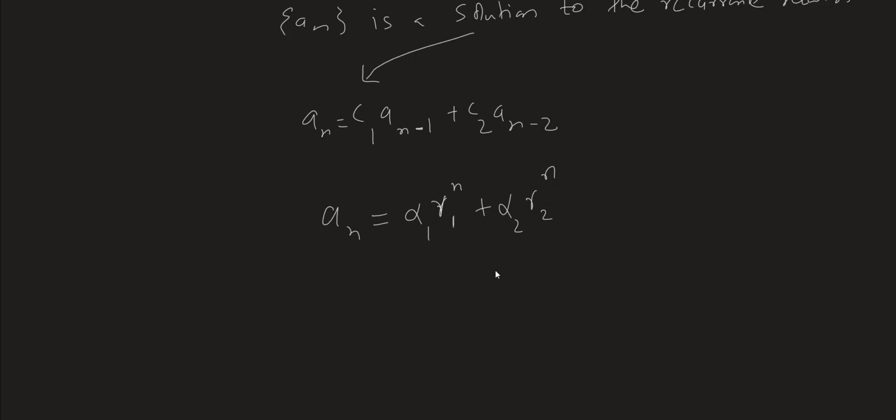Here n ranges from 0, 1, 2, and so on, and alpha1 and alpha2 are both constants.